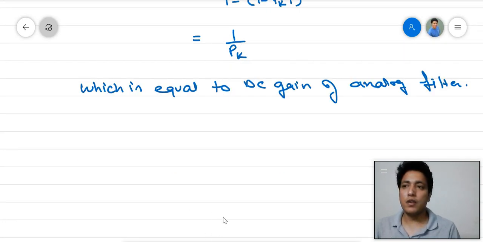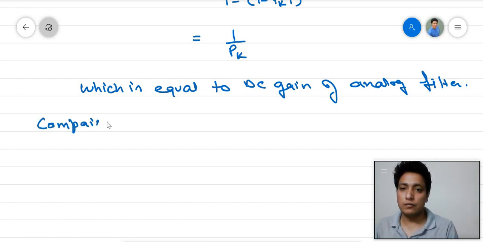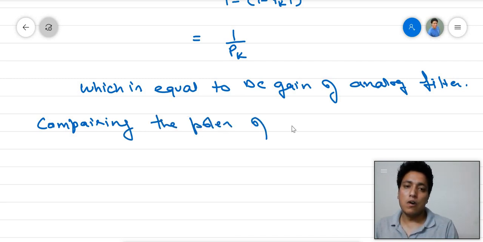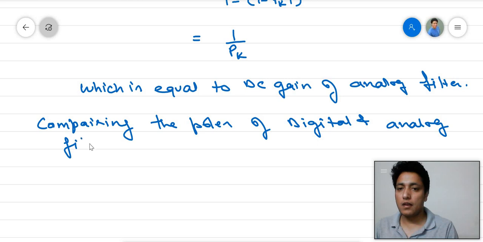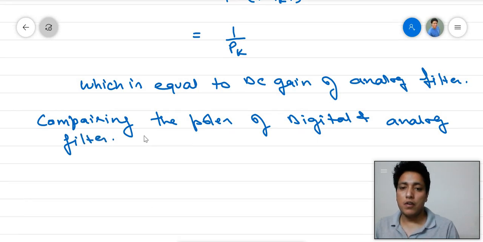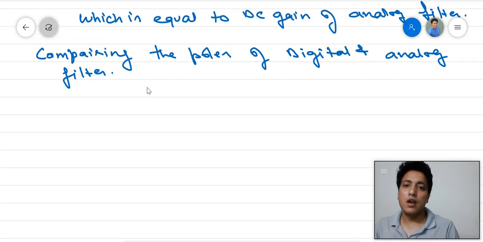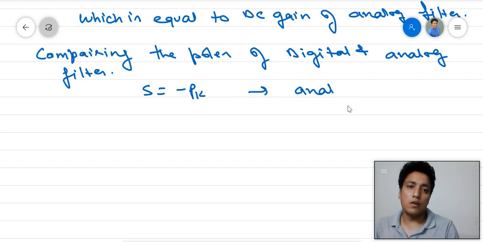Now comparing the poles of digital and analog filter, we can see s is equal to minus pk for analog and z is equal to exponential minus pkt for digital.